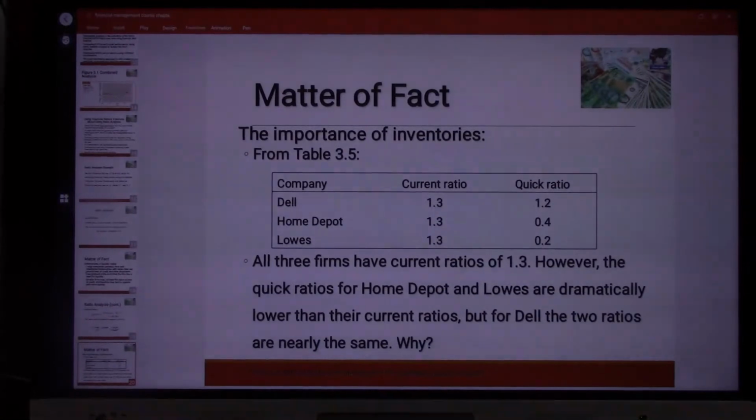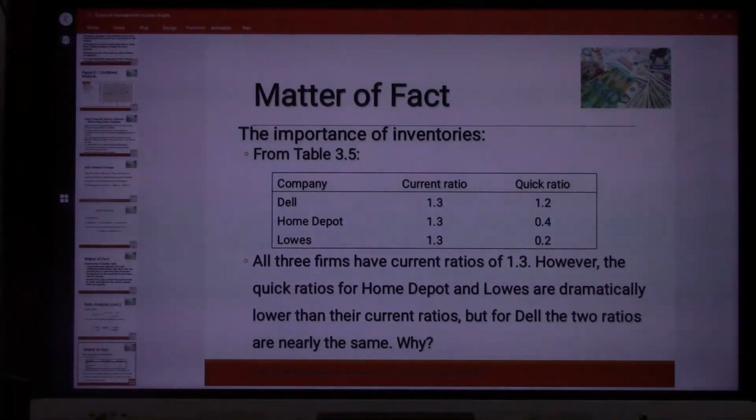This table gives you the main difference between the current ratio and the quick ratio, and justifies why the quick ratio is more accurate than the current ratio. As you see, we have three companies.